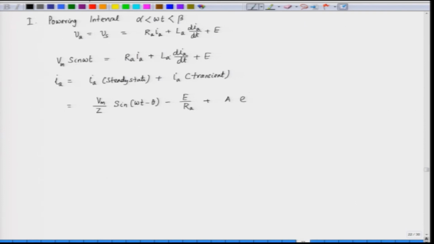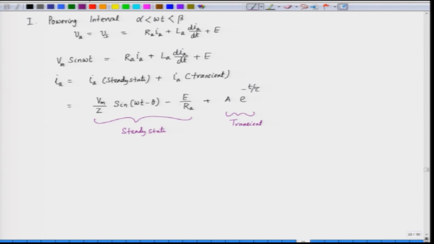Since we have an RL circuit, we have an exponential part which is t by tau. Now, this part is the steady state part, and this part is the transient part, because at t tends to infinity, this part will be equal to 0.